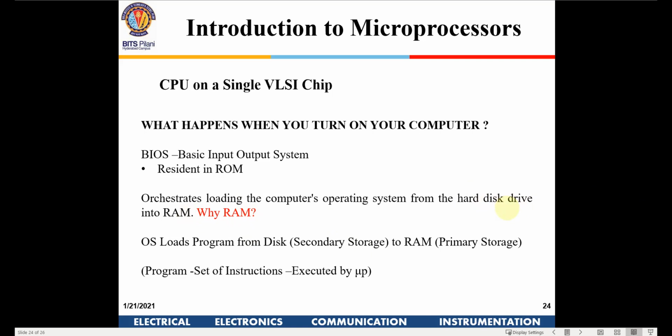So whatever portion of the program needs to be run at a particular time, only that portion of the data from the hard drive is fetched and placed into the RAM. So RAM is basically a temporary file location where the required information from the hard disk is placed. RAMs operate pretty fast.